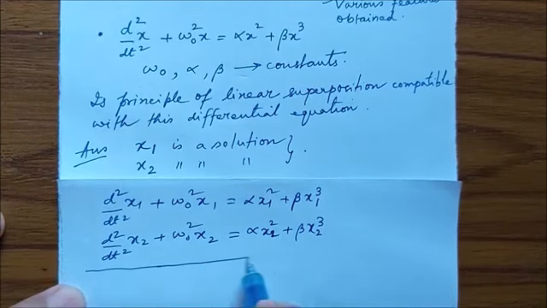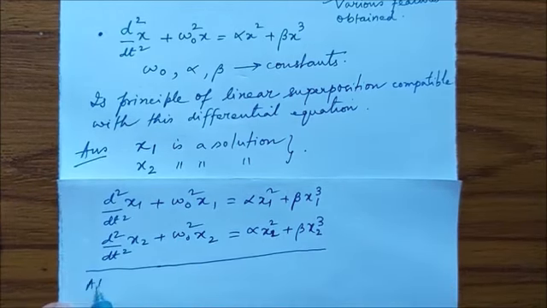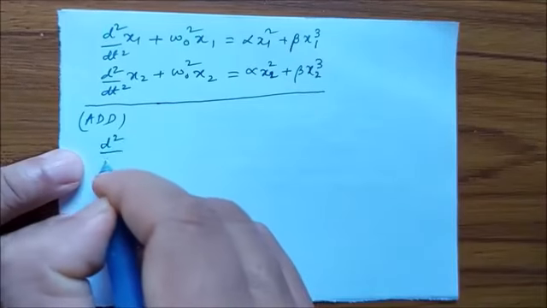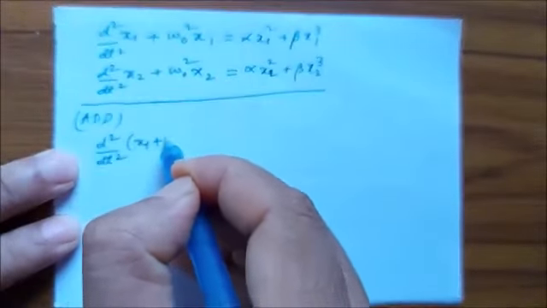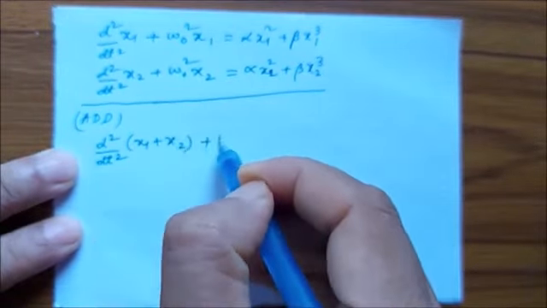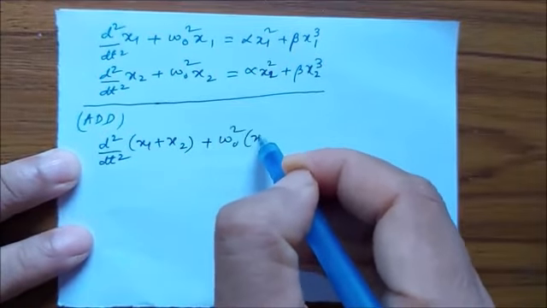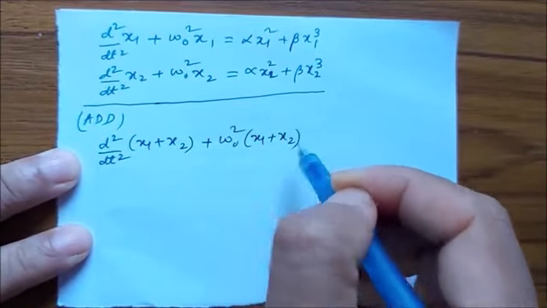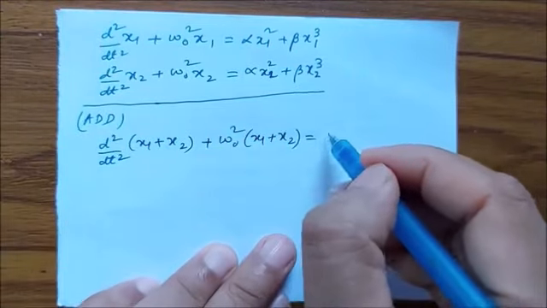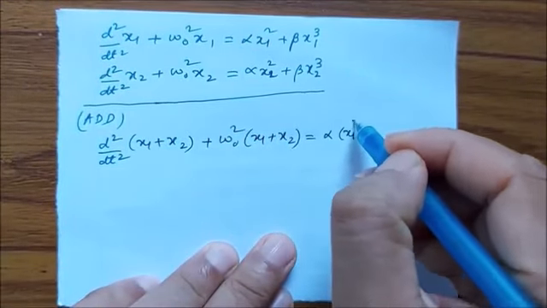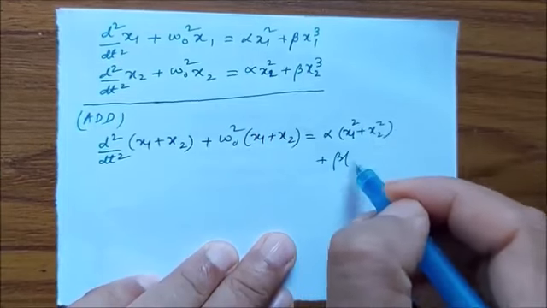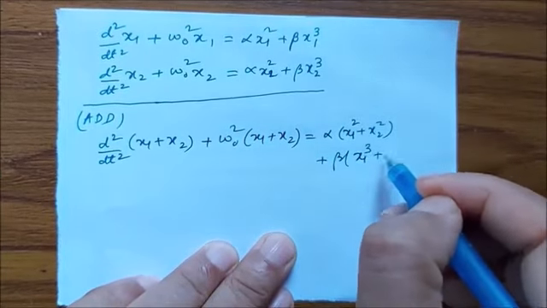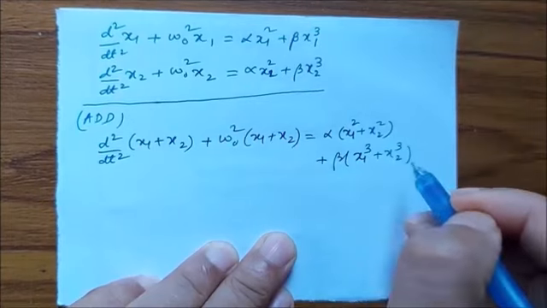Let us add them to get x1 plus x2, and here we have x1 square plus x2 square and beta into x1 cubed plus x2 cubed.